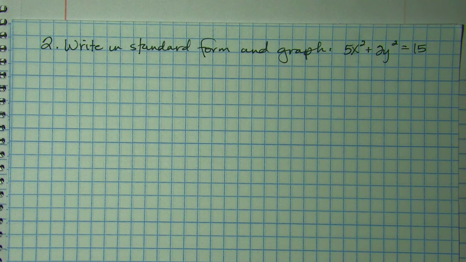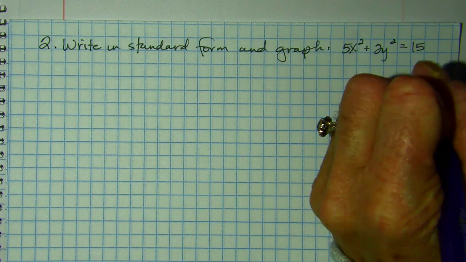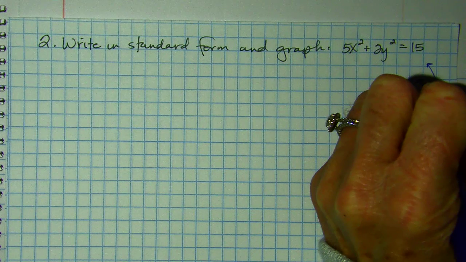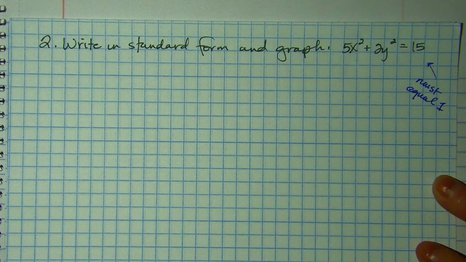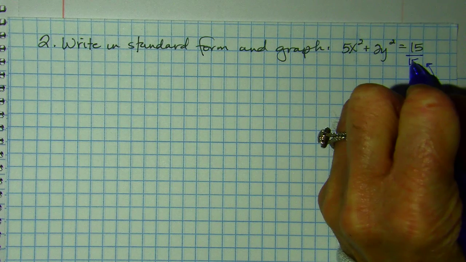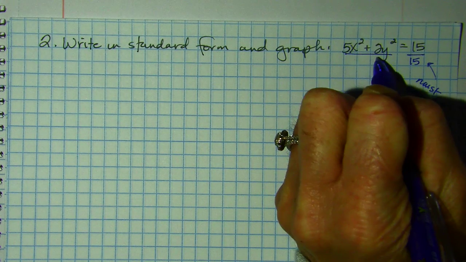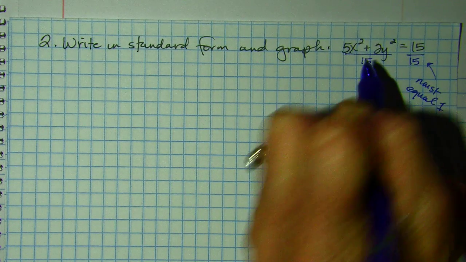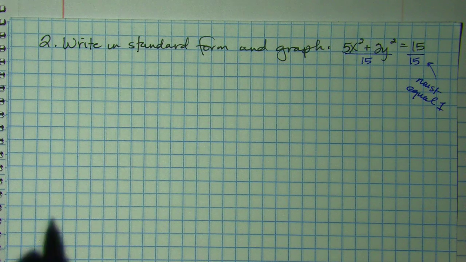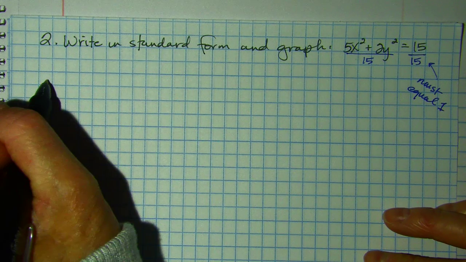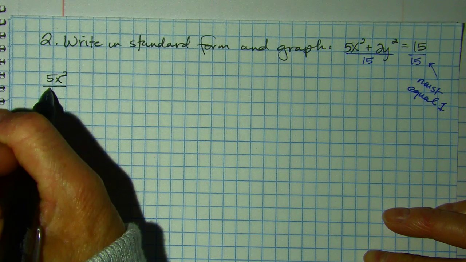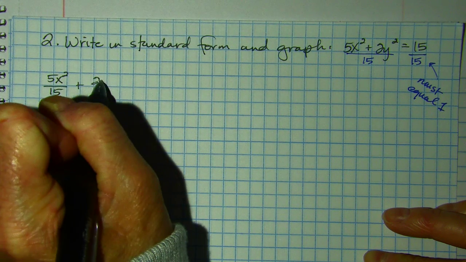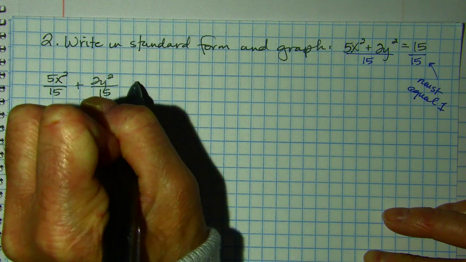To get this in standard form, the right-hand side must equal 1. And so the only way to do that is to divide everything by 15. So I then have 5x squared over 15 plus 2y squared over 15 equals 1.